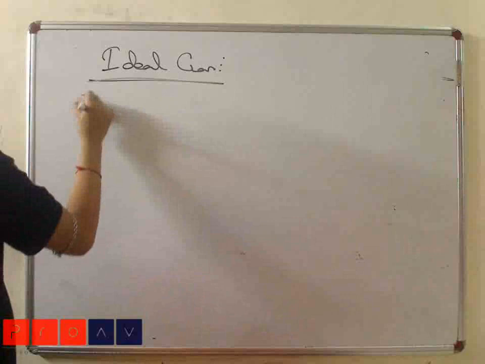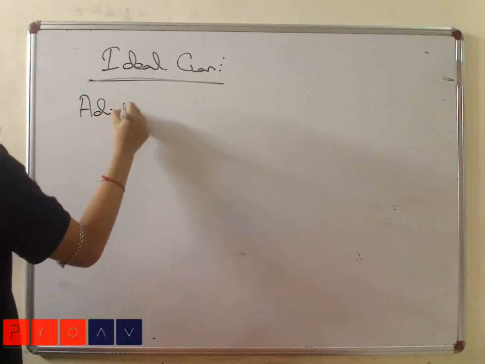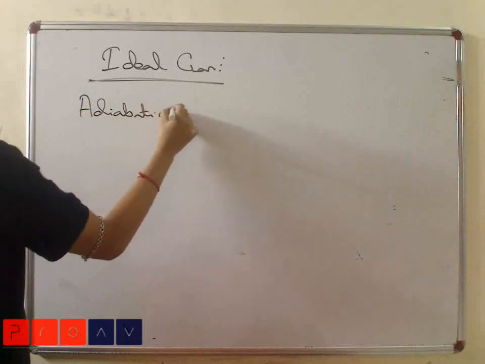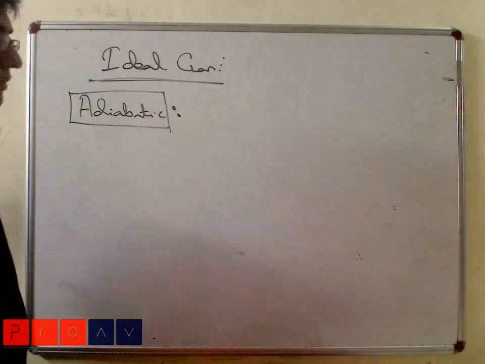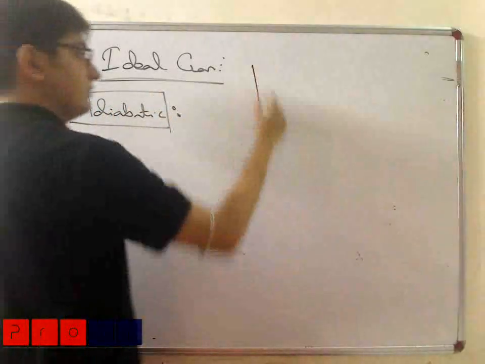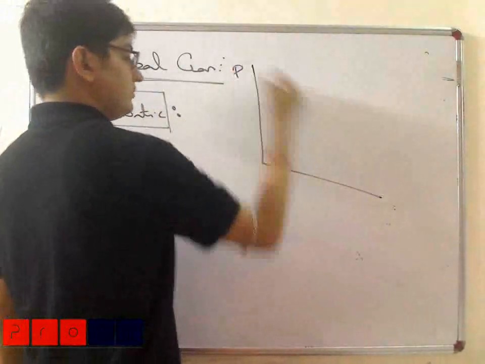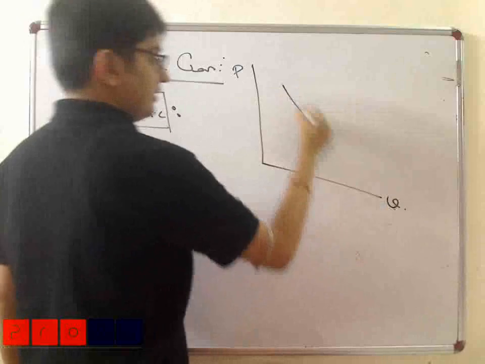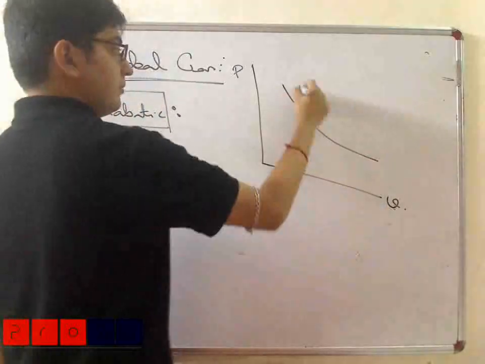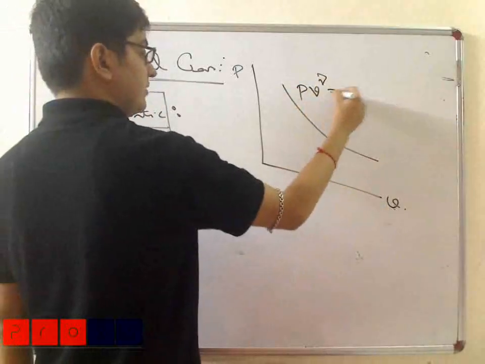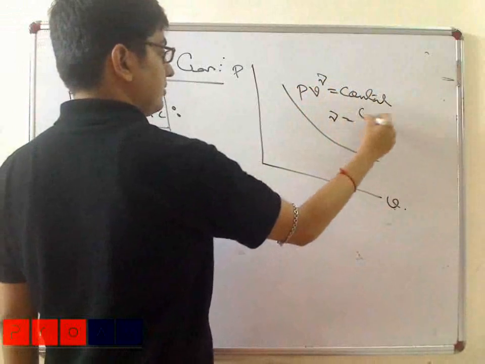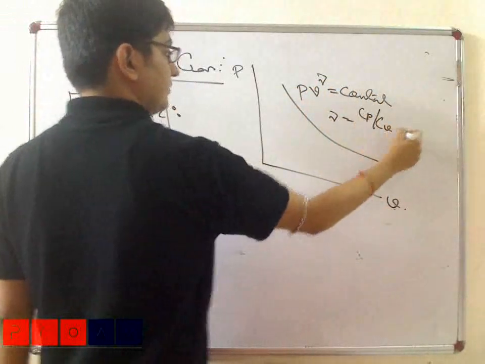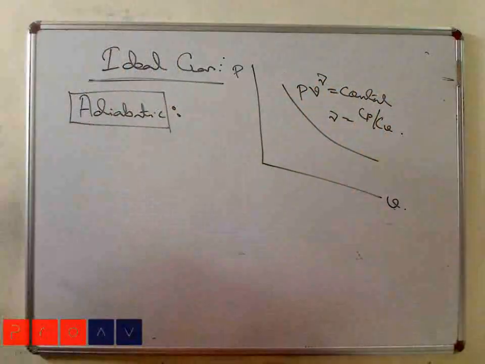So adiabatic process: PV to the power gamma is equal to constant, where gamma is equal to Cp by Cv.